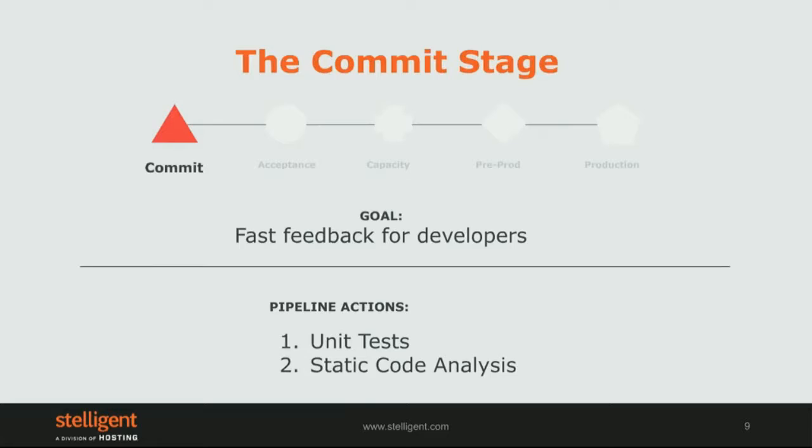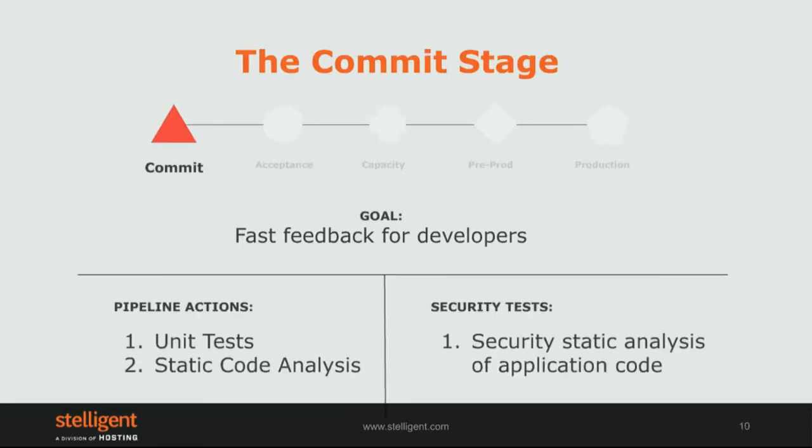But when we start to apply security to the commit stage of the pipeline, we start adding additional kinds of tests. So in one case, if we're thinking about the application, one of the things you might do is add security static analysis of your application code.